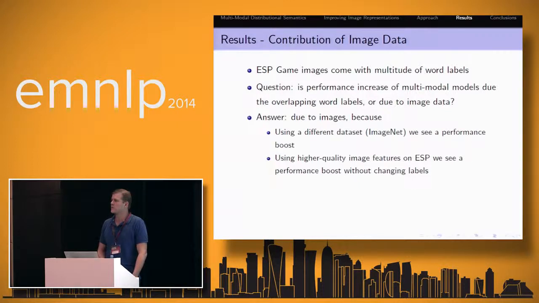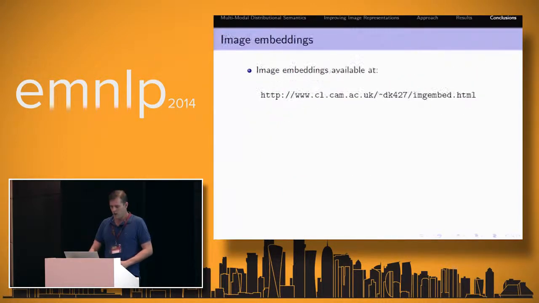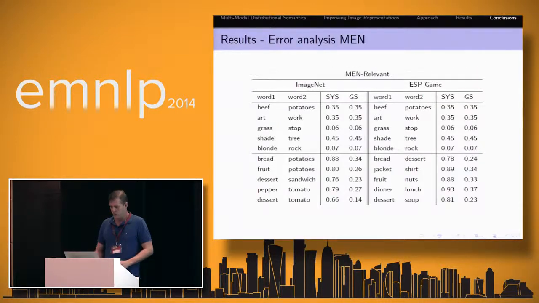Did you notice any decrease in performance for some words by including the image data? I did a little bit of error analysis. What you see here at the top is the top 5 best ones and the top 5 worst ones. In the MEN data set, you see a clear pattern between the two data sets.